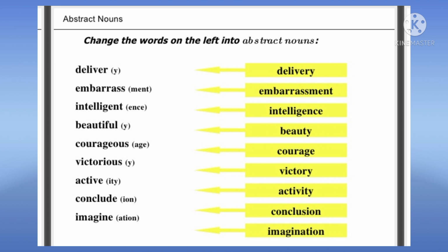Intelligent, intelligence. Beautiful, we are avoiding full and adding y, beauty. Courageous, that is an adjective, and we have to avoid the last part, so courage. Victorious, victory. Active, activity.